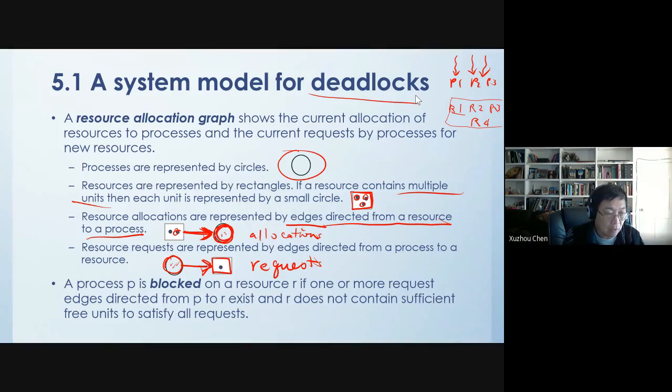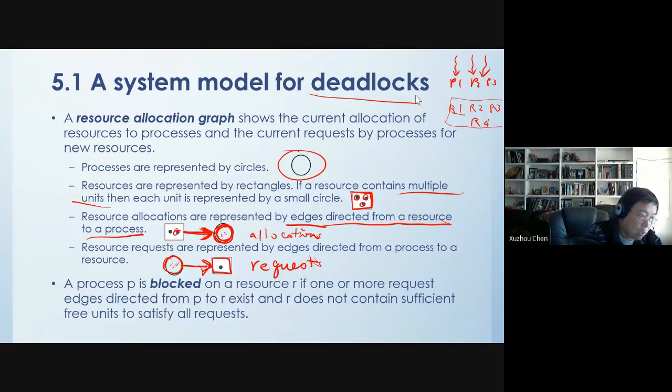Now, a process may grab some resources and wait for some other resources. In this case, process one has to wait for the other resource to be freed, and then it can take it. The waiting time could be long, could be short, and could be forever, like in a deadlock situation.